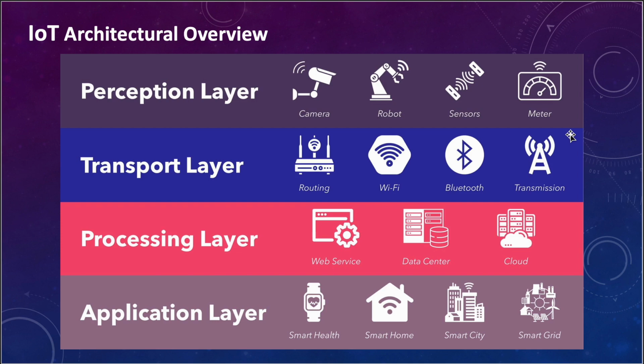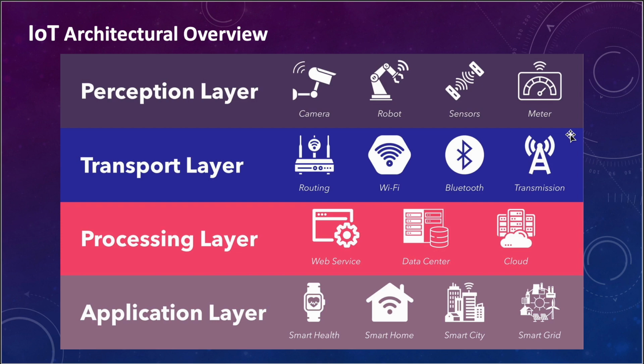In the transportation layer there is a part which is unique to IoT, where we discussed protocols like Zigbee, Z-Wave, which is energy efficient and is used in IoT device to IoT device communication in IoT system, right, where you have multiple IoT devices.